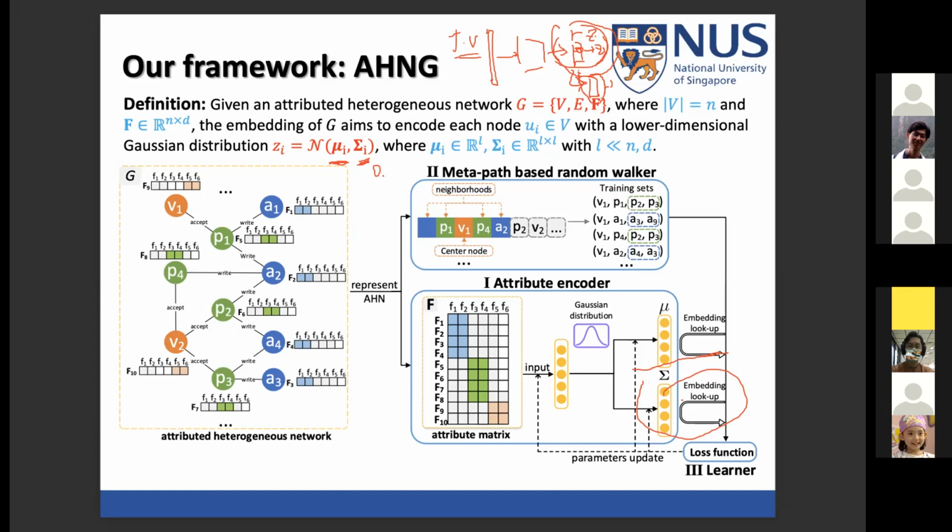Under what scenarios do we need such randomness, and under what scenarios do we not need it? But anyway, it's good to know that when we train models, you basically learn the distribution instead of fixed embeddings.